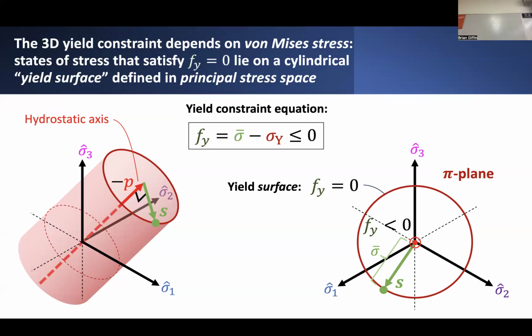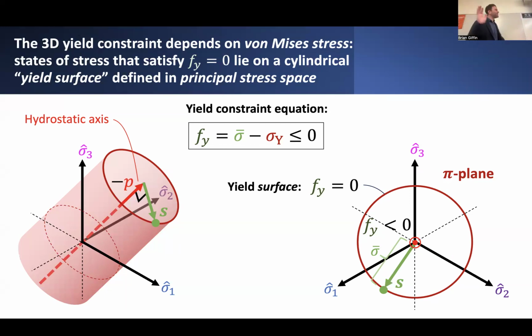So if I'm looking at things with respect to the pi plane, and I'm looking at the state of stress in the material as some point in this principal stress space, as long as that point is inside of this circle, I know that I'm exhibiting purely elastic material behavior.